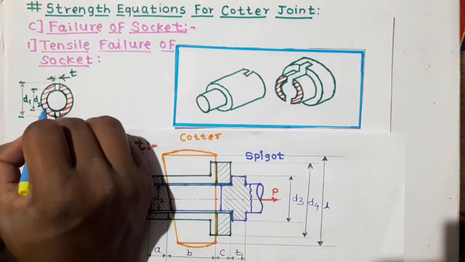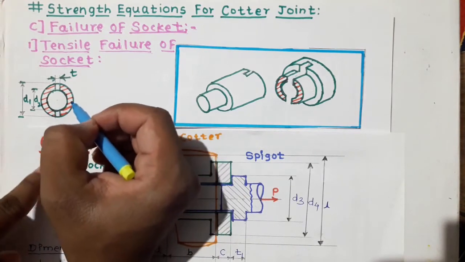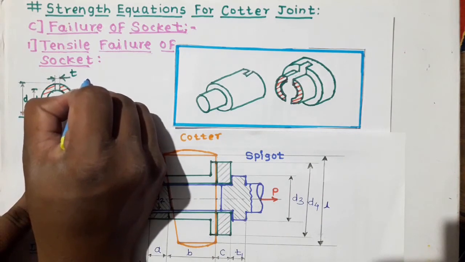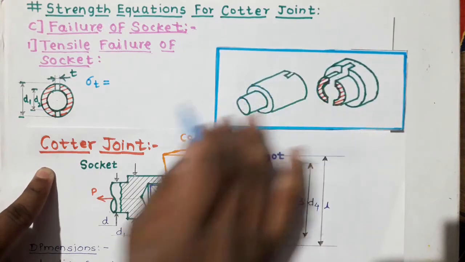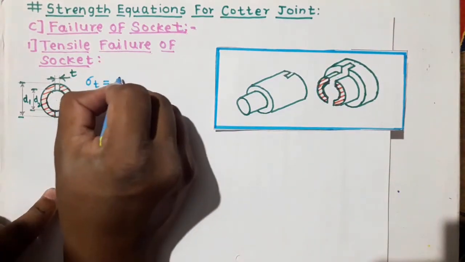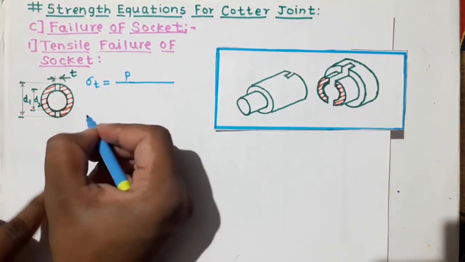This red color portion shows the area subjected to tensile stress. We know that the tensile stress is denoted by sigma t, which is equal to force upon area. Here force is P, and now consider area.